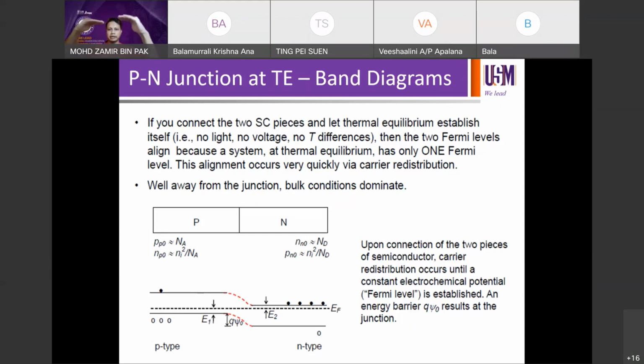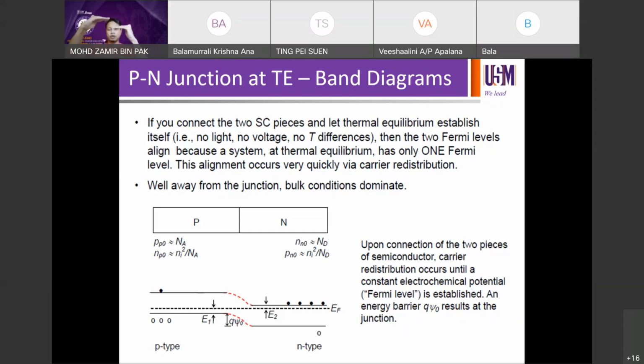When you join them, let's say, just relative, this is P-type, my EF is below, near the VB, and this is my N-type, my EF is near the CB, up. So what will happen when you bring your PN junction together is that diffusion starts. Holes go from P-type into N-type, and electrons go from N-type into P-type.